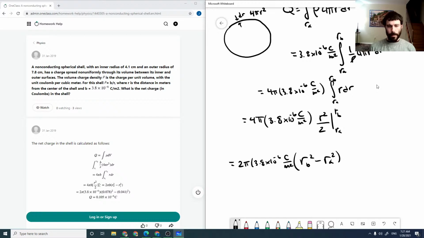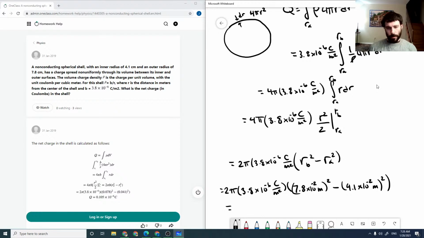Now our RB is given in the question as 7.8 centimeters, so that's our outer radius, times 10 to the minus 2 meters squared, minus 4.1 centimeters, which is our inner radius.